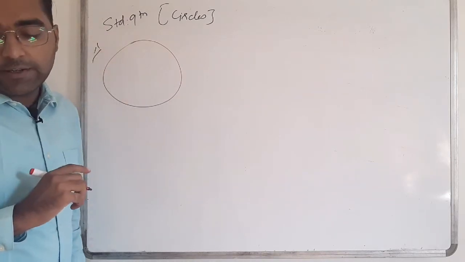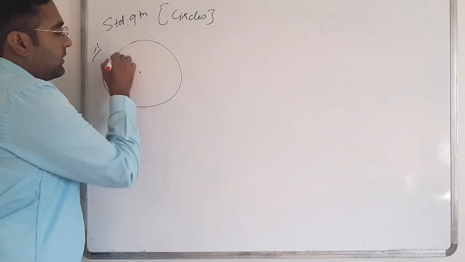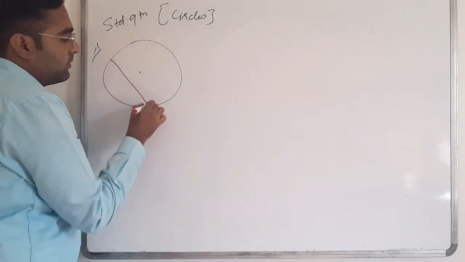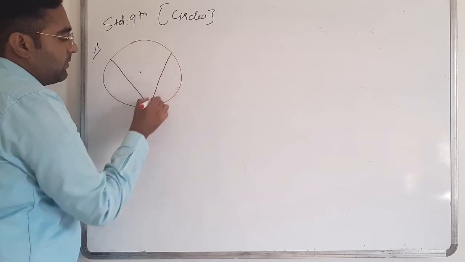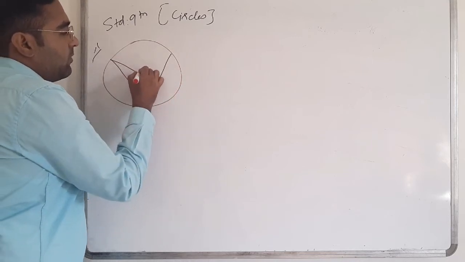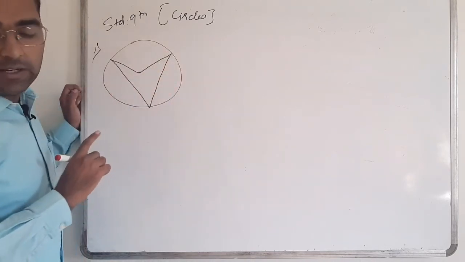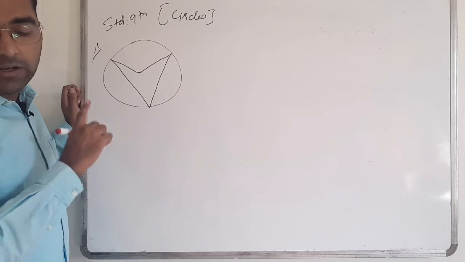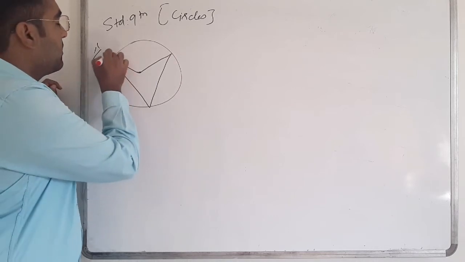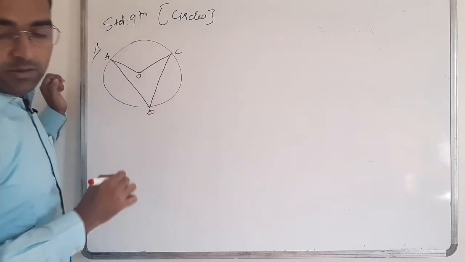So a circle is given. It is clear that on the same chord there are two angles given, one at the center and one at another part of the circle: angle AOC and angle ADC.